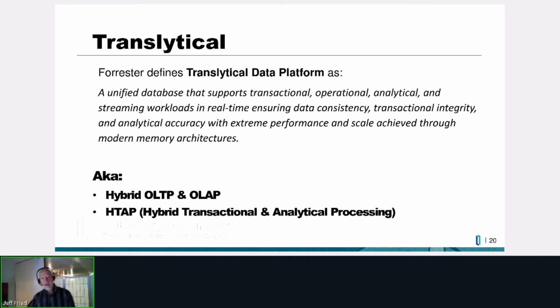You'll see this in a number of academic books and papers as hybrid OLTP and OLAP, but the idea is all the same. It's to have a unified data store that is capable of transactional things. Typically, this involves having locks, being able to roll back, having two-phase commit, etc.